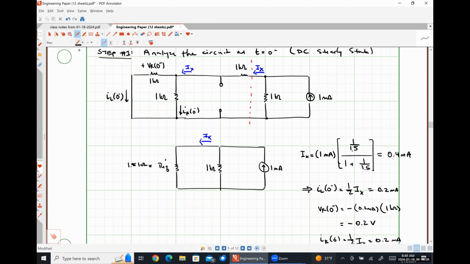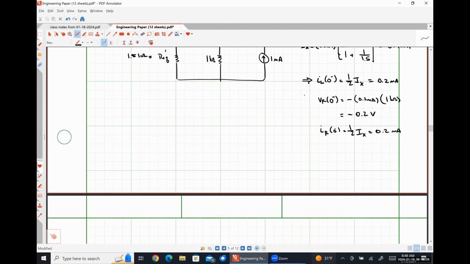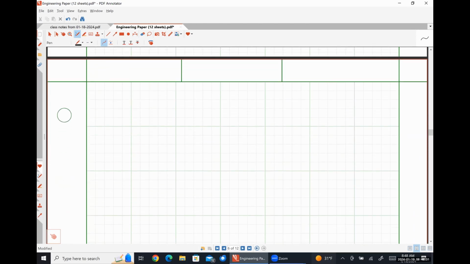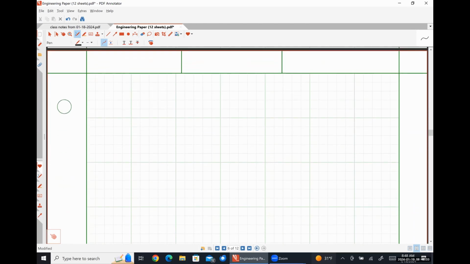So the next thing that we are going to do is analyze our circuit at t is equal to 0 plus. So this is the beginning of our transient condition, okay?